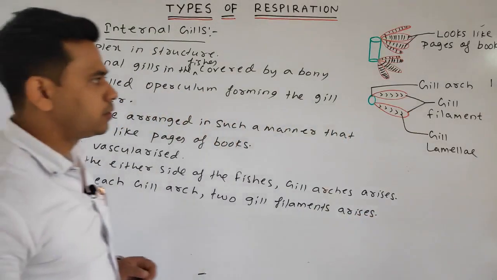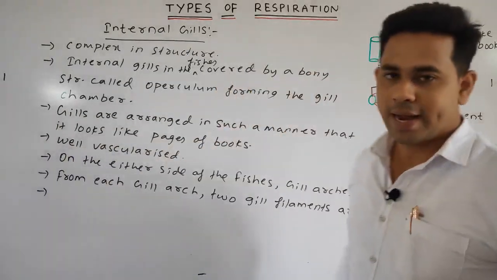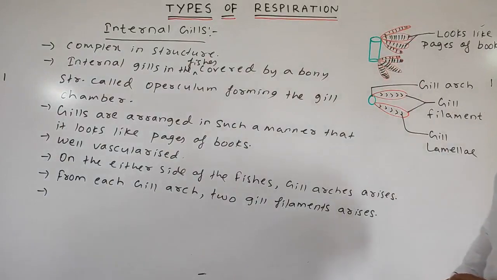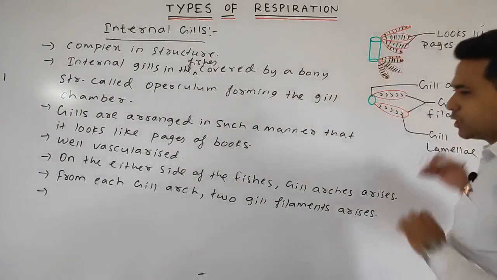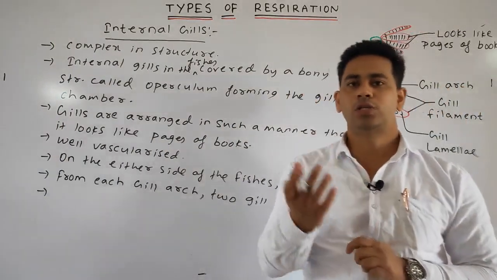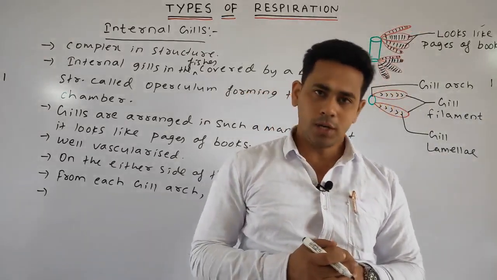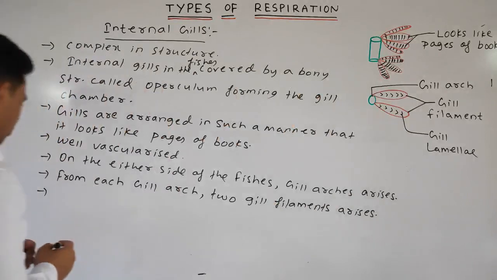Next point, tip of the adjacent gill filament arcs are arranged in such a way that it looks like a sieve-like structure, through which the water passes. What is our next point?